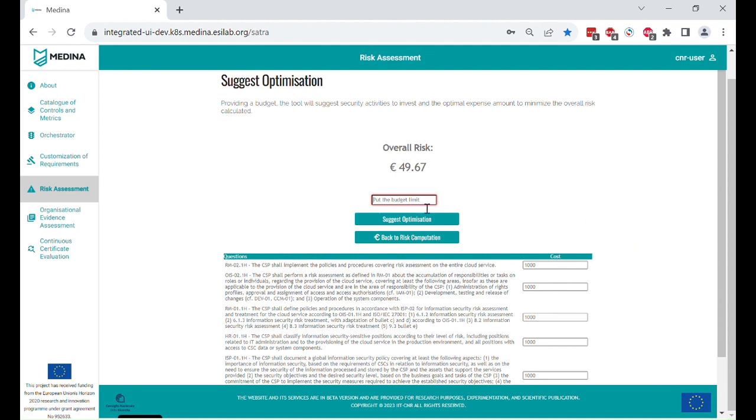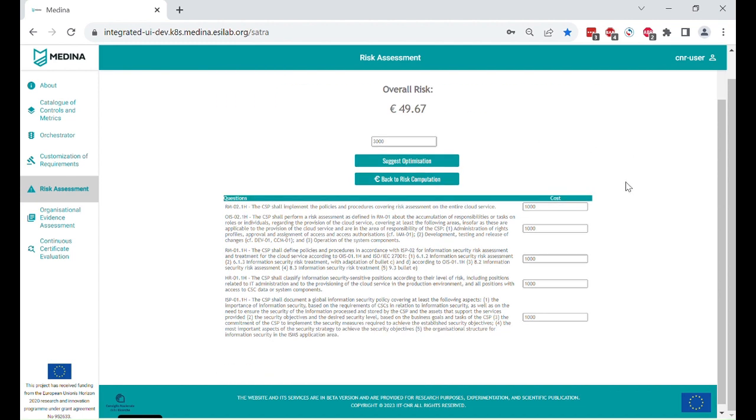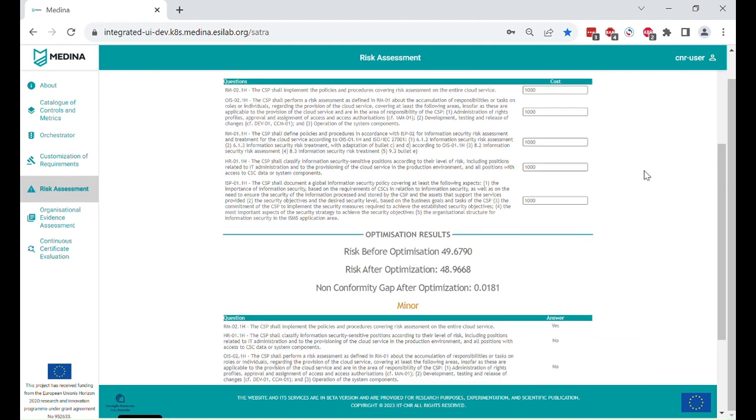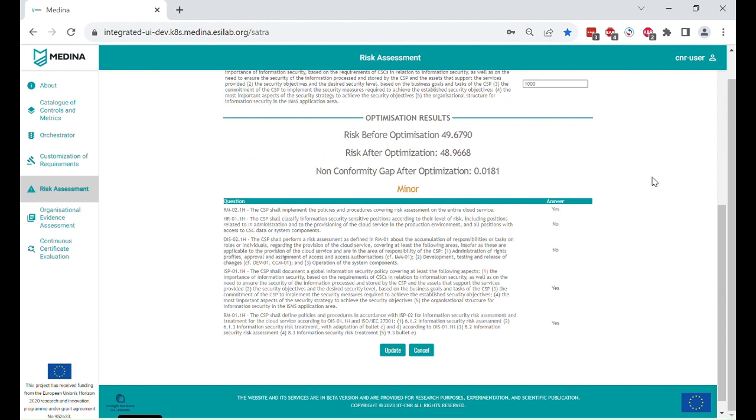For example, if the budget is 3,000 and each of the failed requirements, so we have 5 requirements that have failed, costs 1,000 euro to implement, then our tool will find the best way to spend this money, saying that the first, the fourth, and the fifth requirements have to be implemented. In this case, risk will drop to this value, and the non-conformity gap will be much lower.